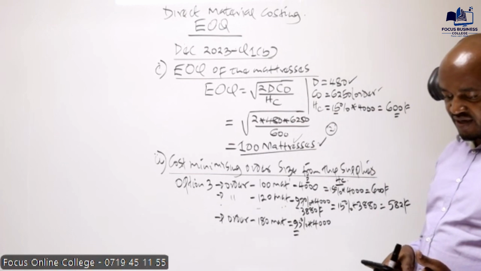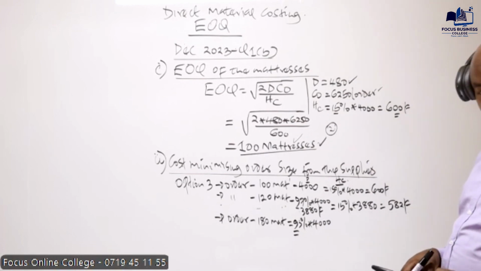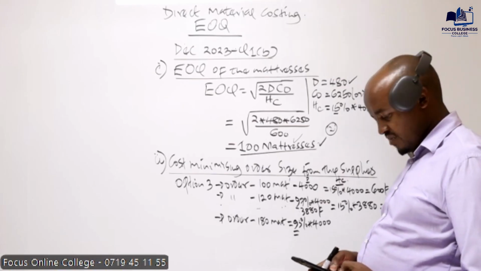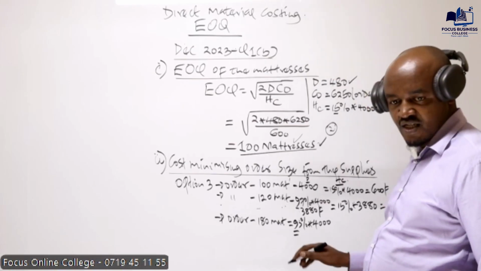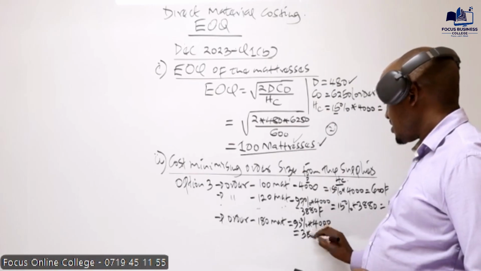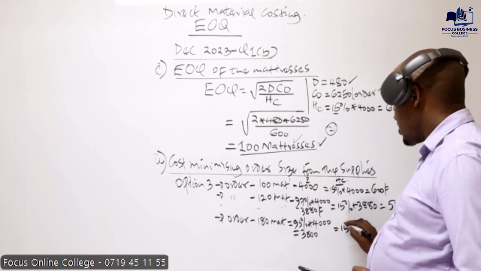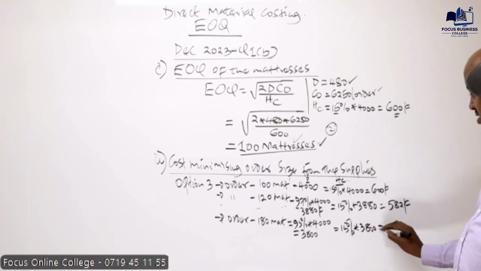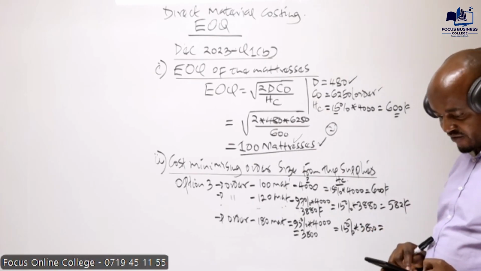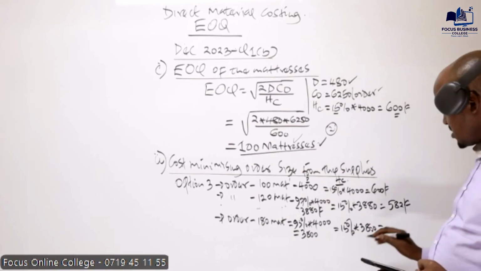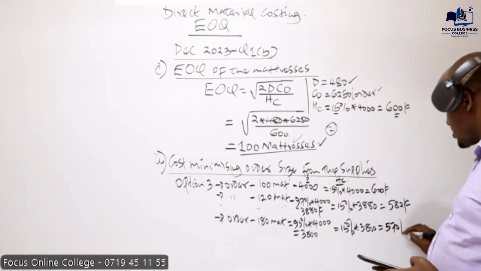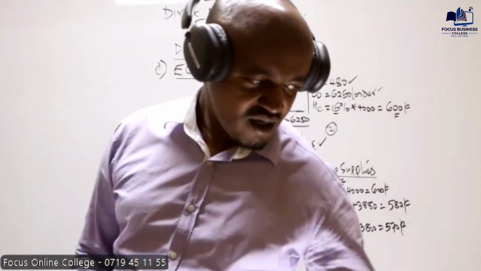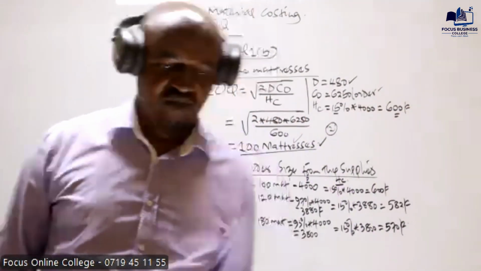The purchase price here will be 3,800, and the holding cost here will be 15% of that, which will be 570.